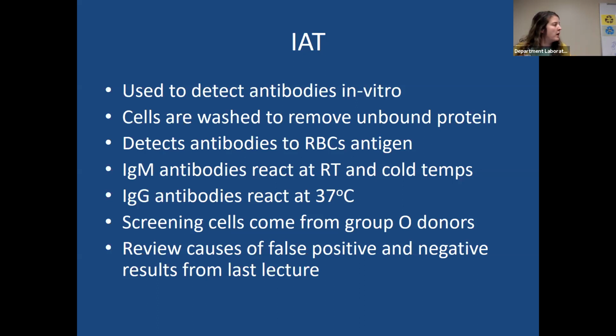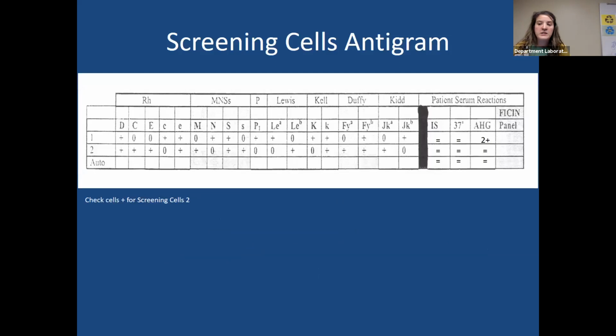We've talked about some false positives and false negatives as we have gone through the lecture, so keep those in mind. All right, so here's an example of an antigram. Notice this is the 2-cell screen. You might also see a 3-cell screen. Most manufacturers will do either a 2 or a 3-cell.